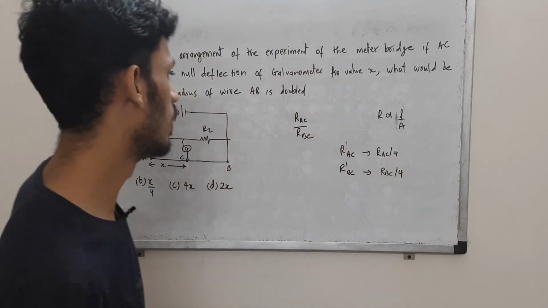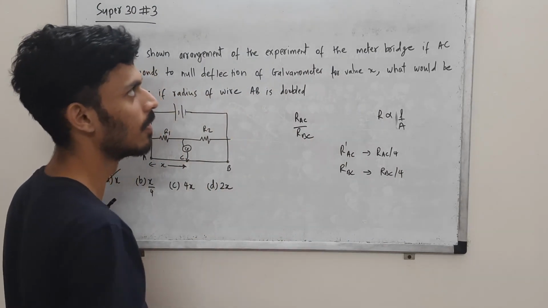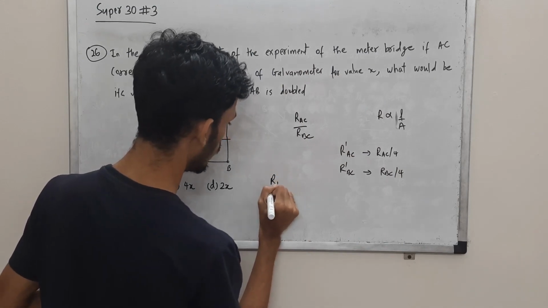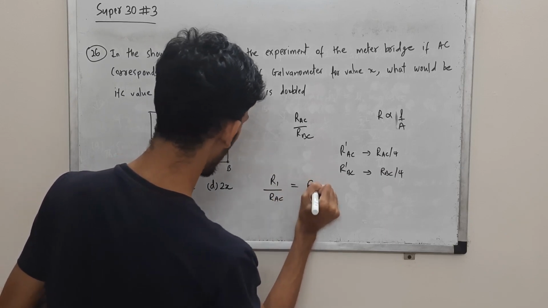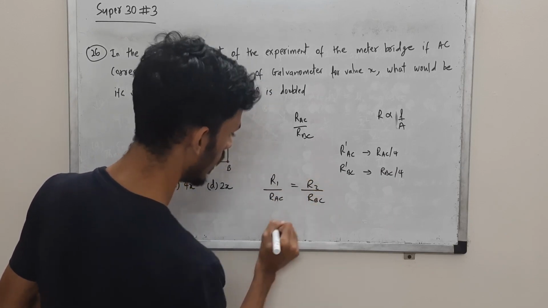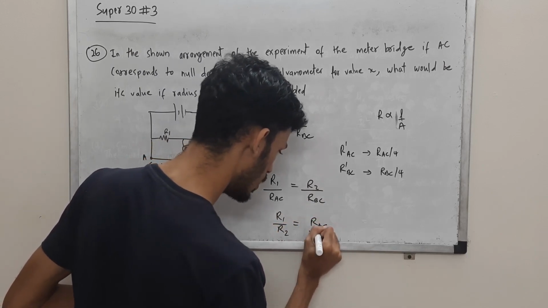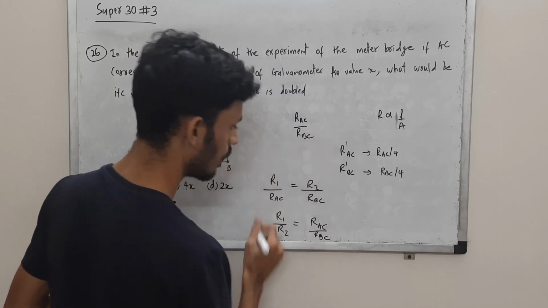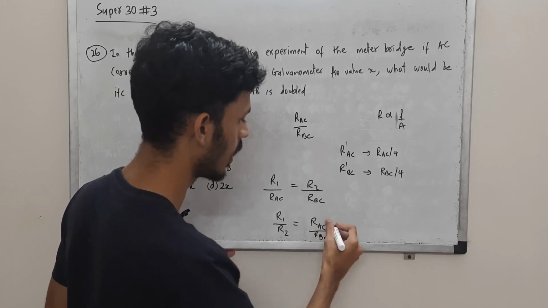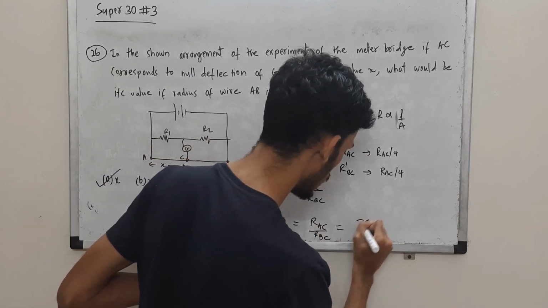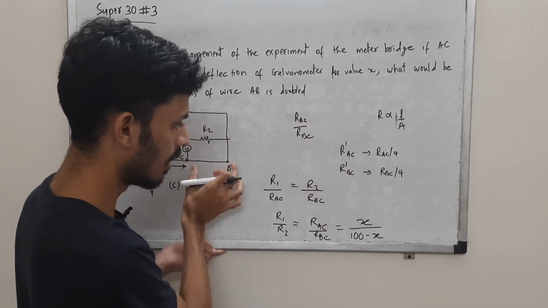Since this concept is itself based on the Wheatstone bridge balance, R1 by R2 is equal to R_AC by R_BC. Both are divided by a factor of 4, and since resistance is proportional to length, we can write x and 100 minus x.